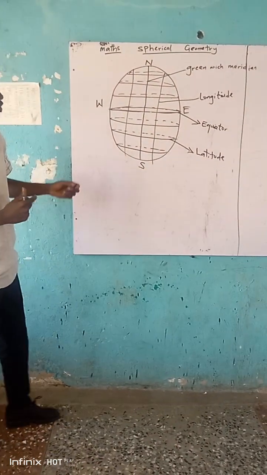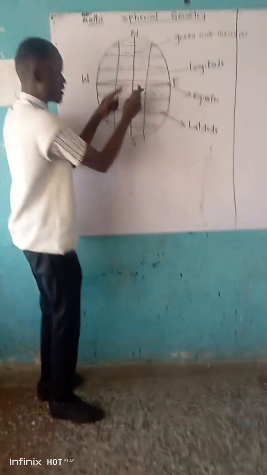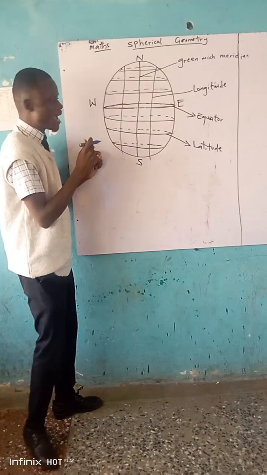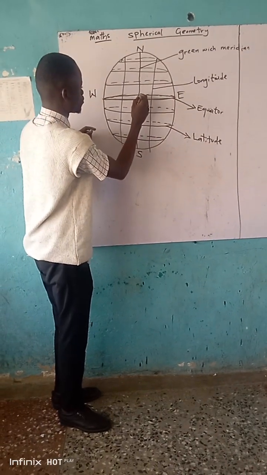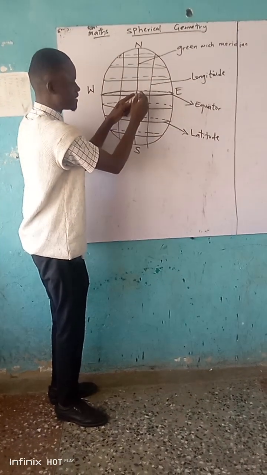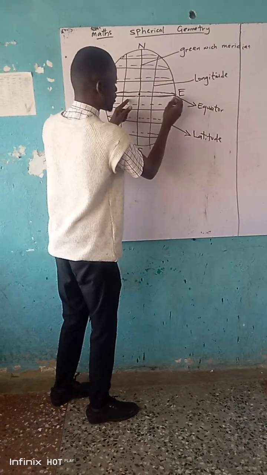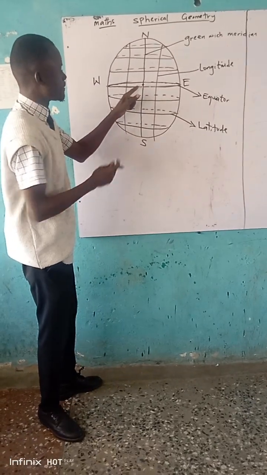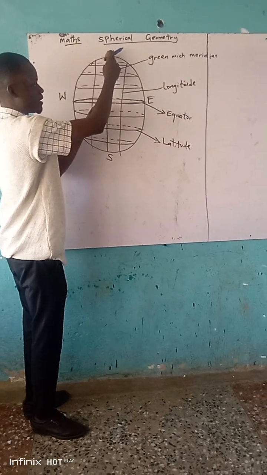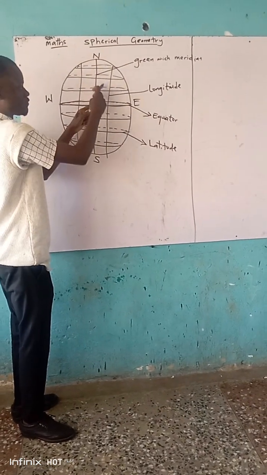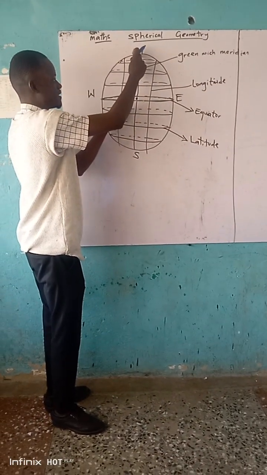So I'm going to establish some interesting facts. If this is our equator, that is the reference point, any angle at the equator is equal to 0. The angle theta at the equator is equal to 0. And from the equator up to the north, it varies from angle 1 to angle 90.